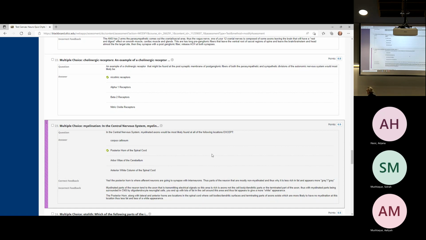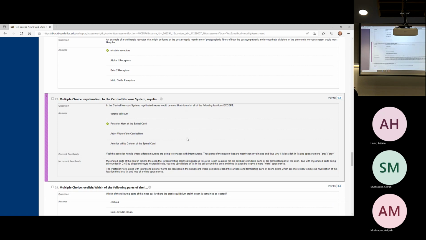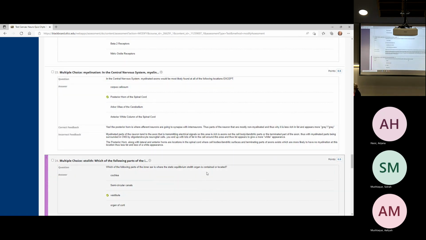Okay? All right. In the central nervous system, myelinated axons would most likely be found in all the following locations except, is the corpus callosum white or gray matter? White, and so that is where we expect to find myelination. Is the dorsal column, the anterior column, or the lateral columns, is that white or gray matter? That's white. Okay?